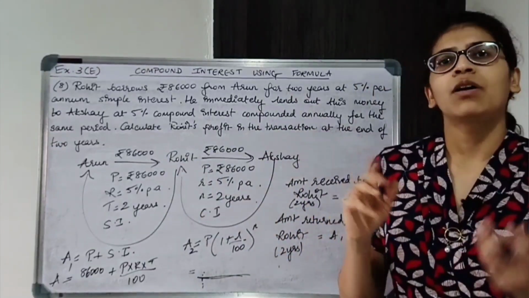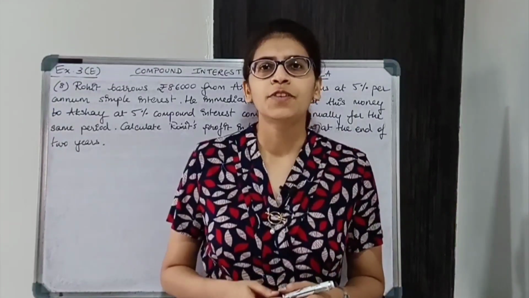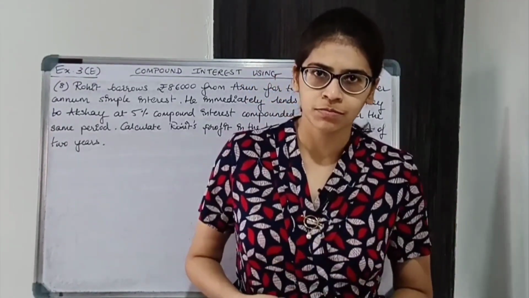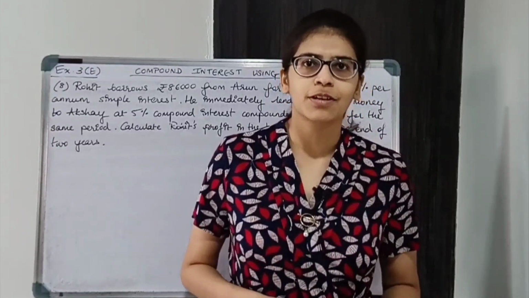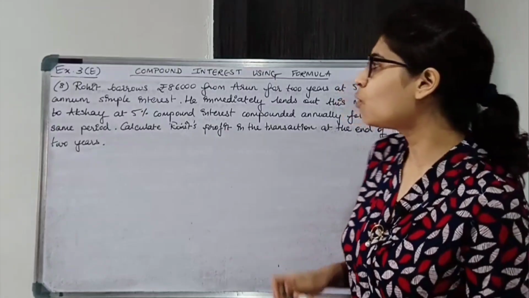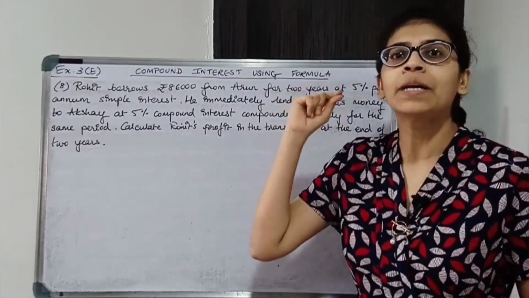Okay, so now let us write down the given in proper manner and start solving. Now first we'll find the amount that Rohit has to return to Arun after 2 years. So before that, first we'll write down all the given information. So Rohit has borrowed 86,000 from Arun at simple interest.